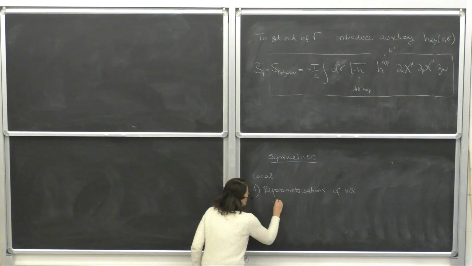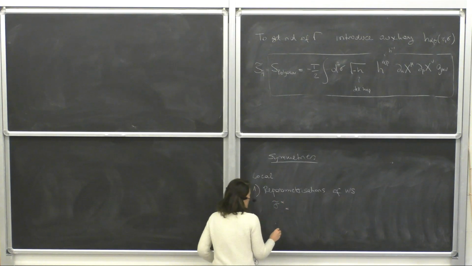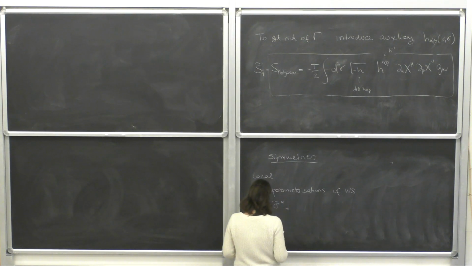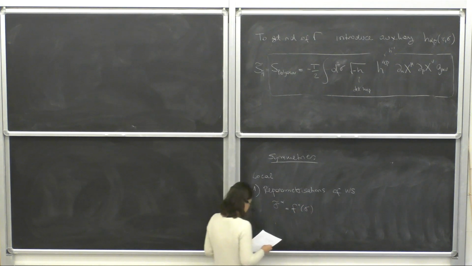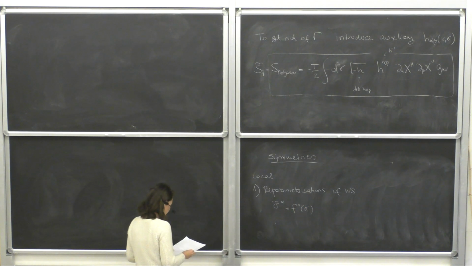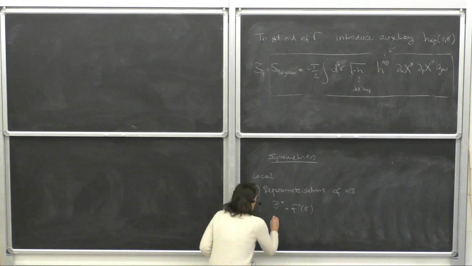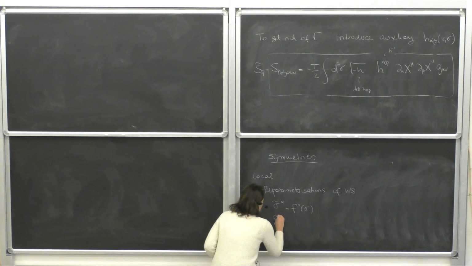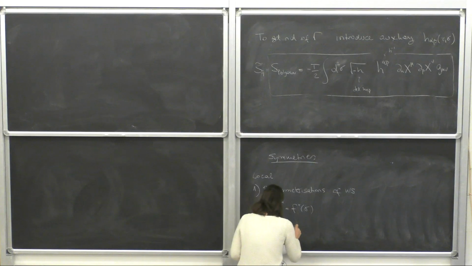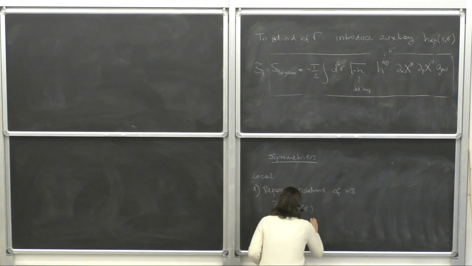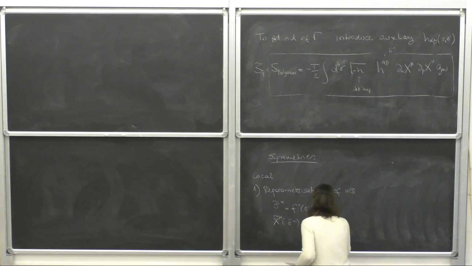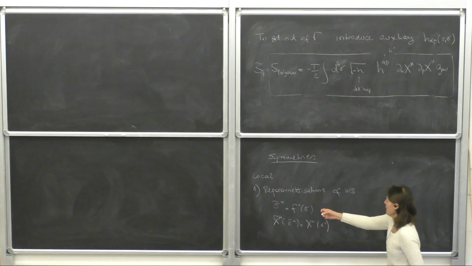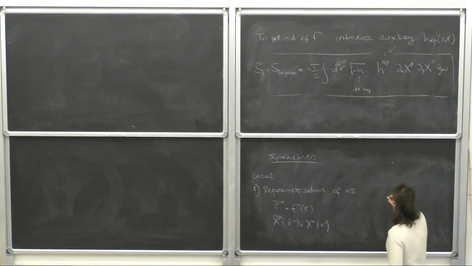So if I take σ̃^α, which is some f^α of σ, then x̃^μ of σ̃ has to be the same as x^μ of σ^α, right?